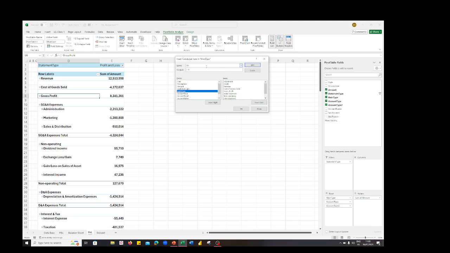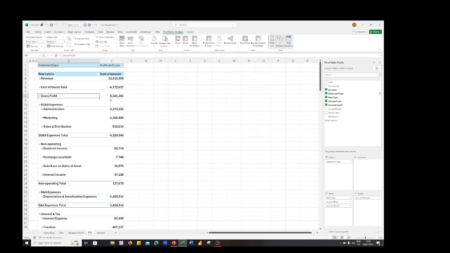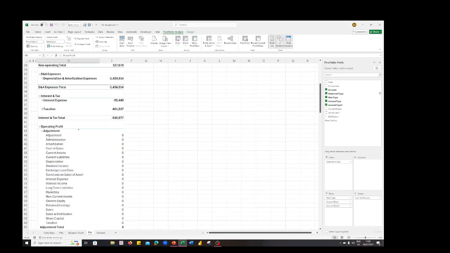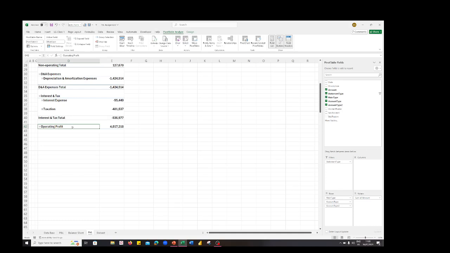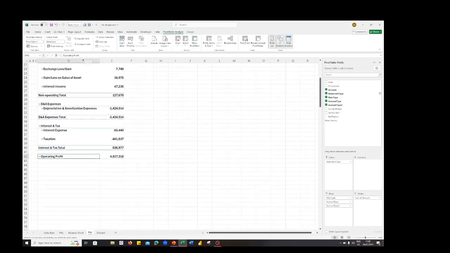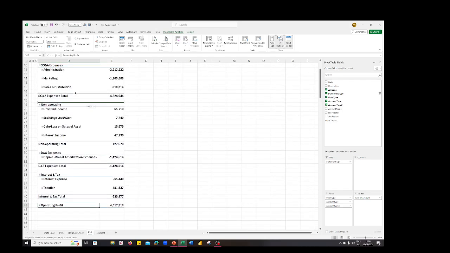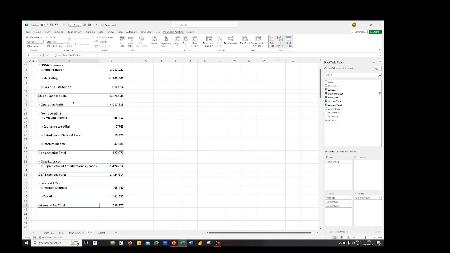So our operating profit equals this plus SG&A expense. So that's all. We've calculated our operating profit now. This is our operating profit, and it will be taken up to the top.